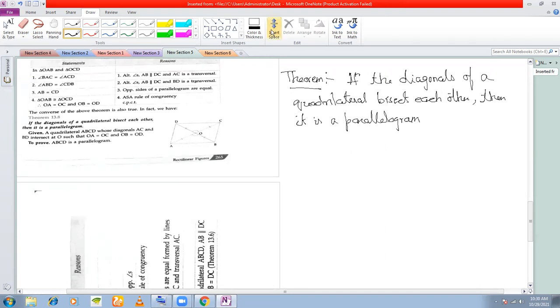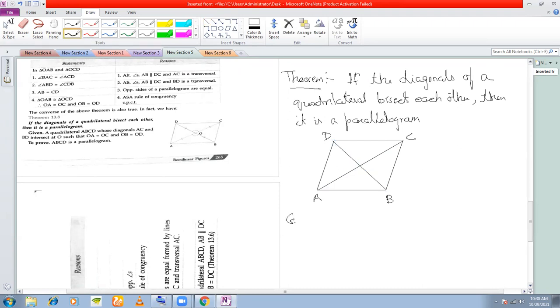Okay. So let us construct a quadrilateral which looks like a parallelogram, but is not actually a parallelogram. And you must have the diagonals also. So join the diagonals AC and BD.